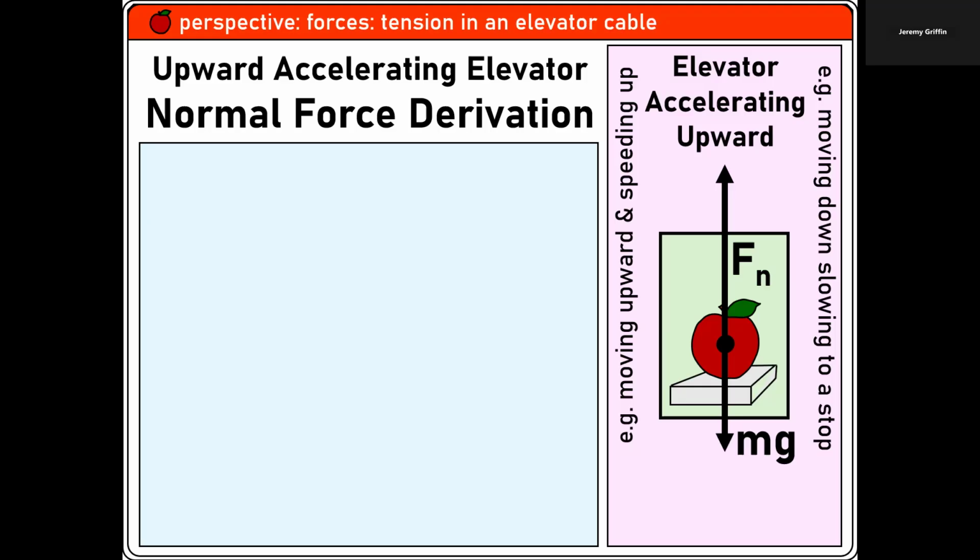N minus mg equals ma. So the question is, what is the scale reading in terms of m, g, and a? N equals mg plus ma. Yep, that'll do it.